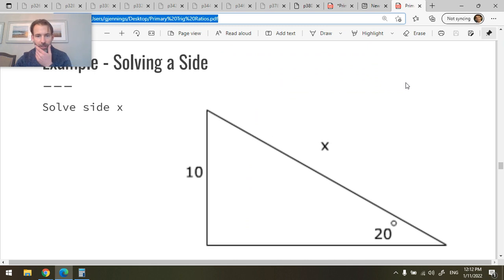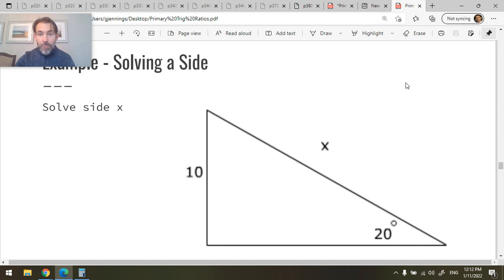So when I set this up, Johnny, I'm looking for a ratio that relates opposite and hypotenuse, and that's still sine. So I know that the sine of 20 degrees is going to be equal to 10 divided by x. The reason is this is the opposite, this is the hypotenuse, so this is going to be opposite over hypotenuse.